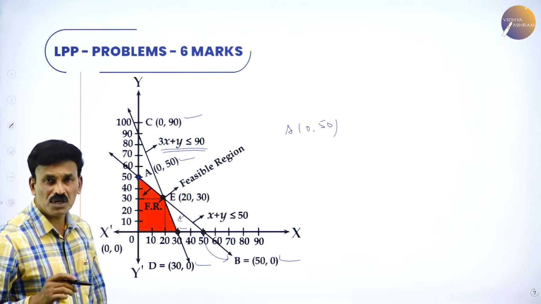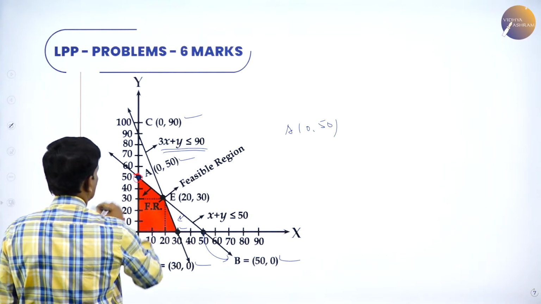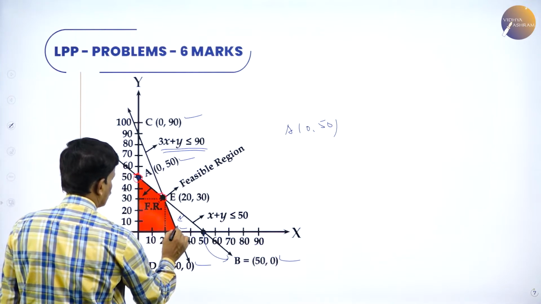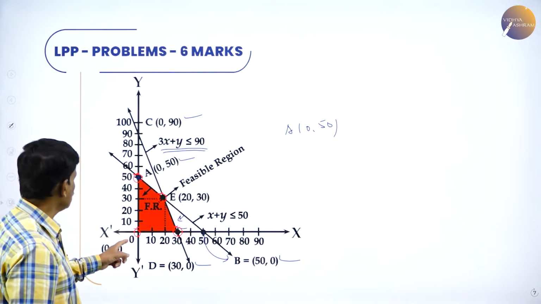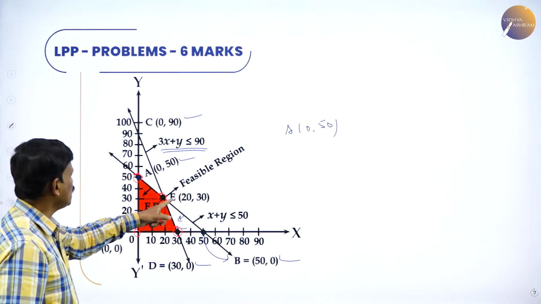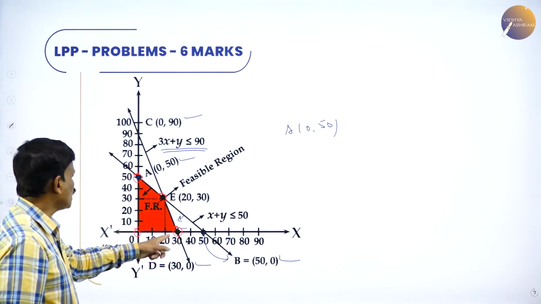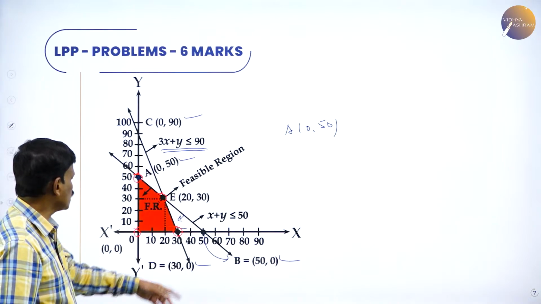Now let us identify the corner points. What are the corner points? This is one corner point, this is another, and this is another. Therefore the corner points are 0 comma 0, A 0 comma 50, E 20 comma 30, and D, which is 30 comma 0.